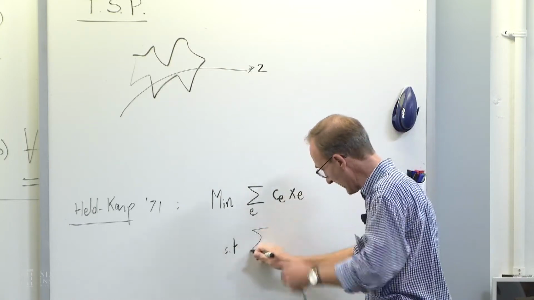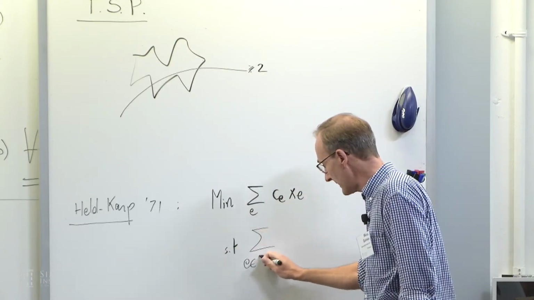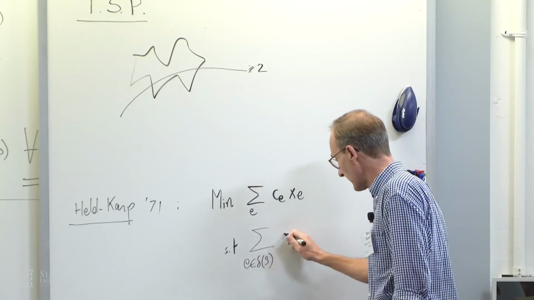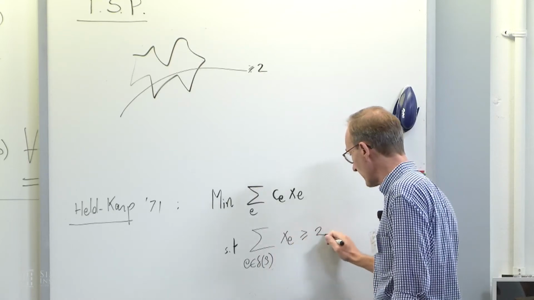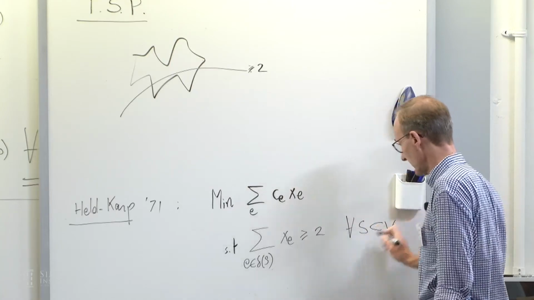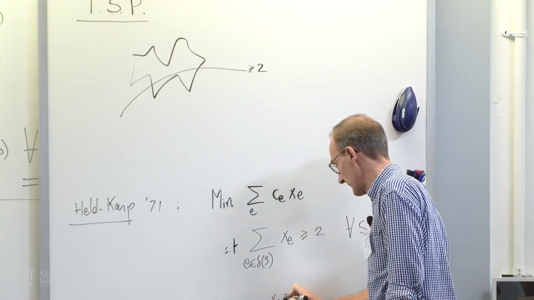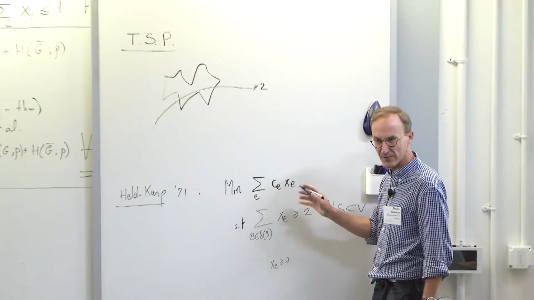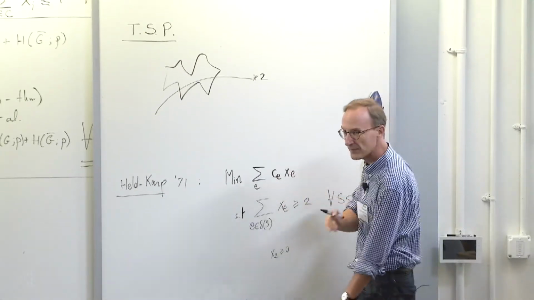I'm going to write that as the sum over e in delta(S) of x_e is at least 2 for every S, and x_e is nonnegative.